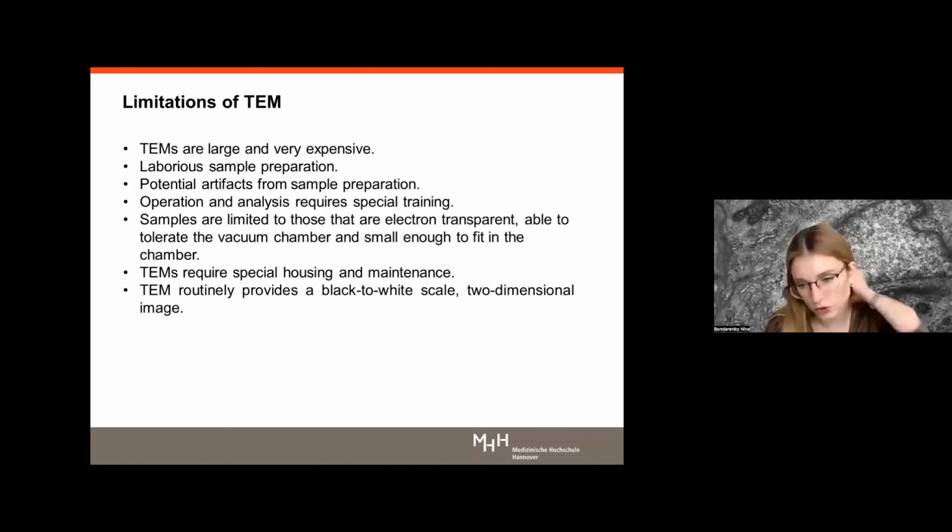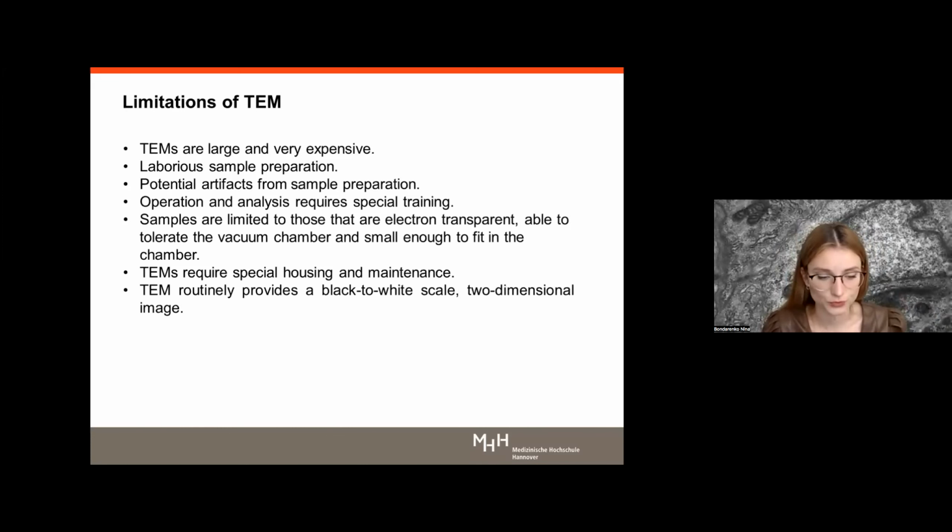So you have to work and control this device, this microscope, every time you prepare for the work. And TEM routinely provides a wide-scale, two-dimensional image.